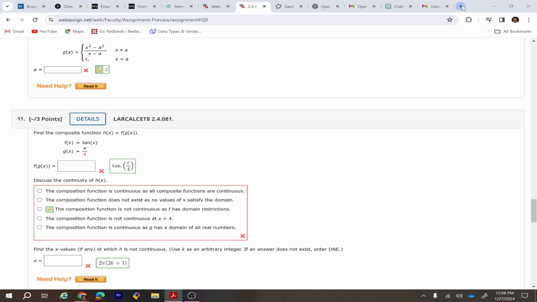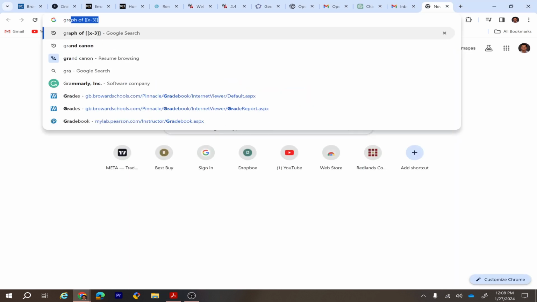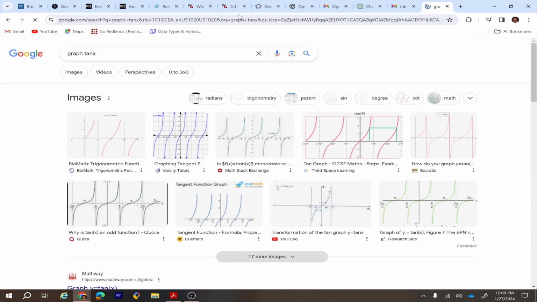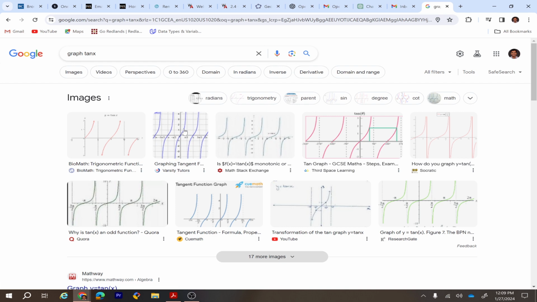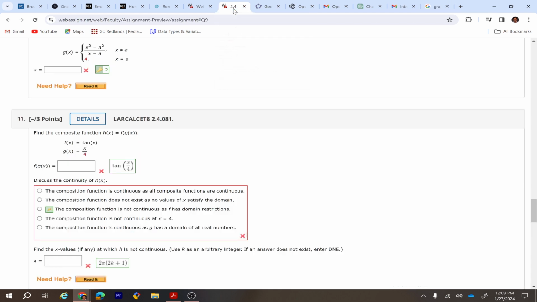I can just Google the graph of tan x. That's from trigonometry. As you can see here, this is not completely continuous. There is a restriction. That's the reason the composite function is not continuous as f has a domain restriction.